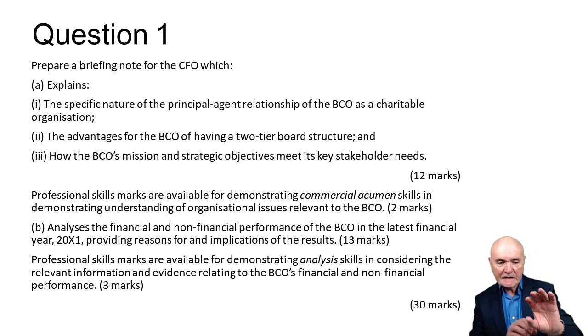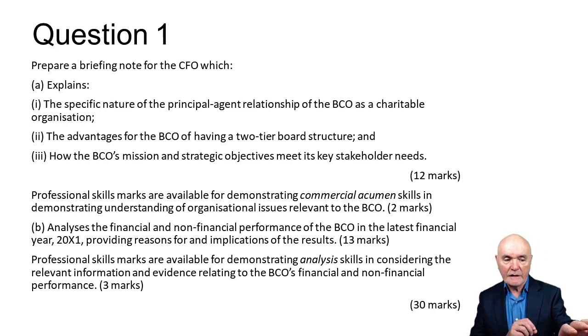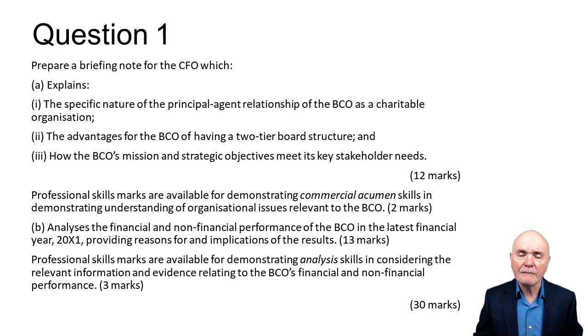So having this distance between the day-to-day management of the organization and people who are detached from that, not earning very much from it, who have nothing to lose, if you like, very little skin in the game, as they would say nowadays, who would be willing maybe to create a bit of a fuss if things didn't go well, whereas the management board may be inclined perhaps to cover up errors.